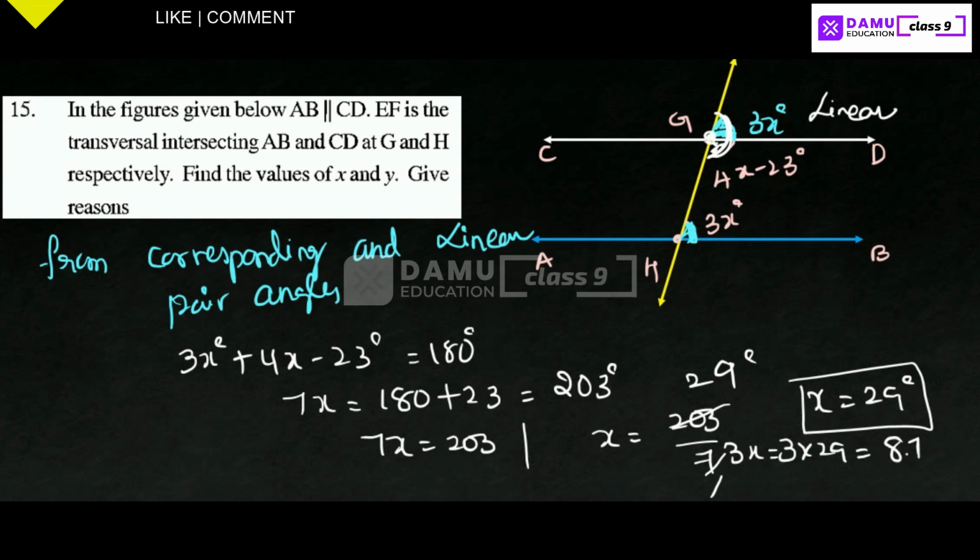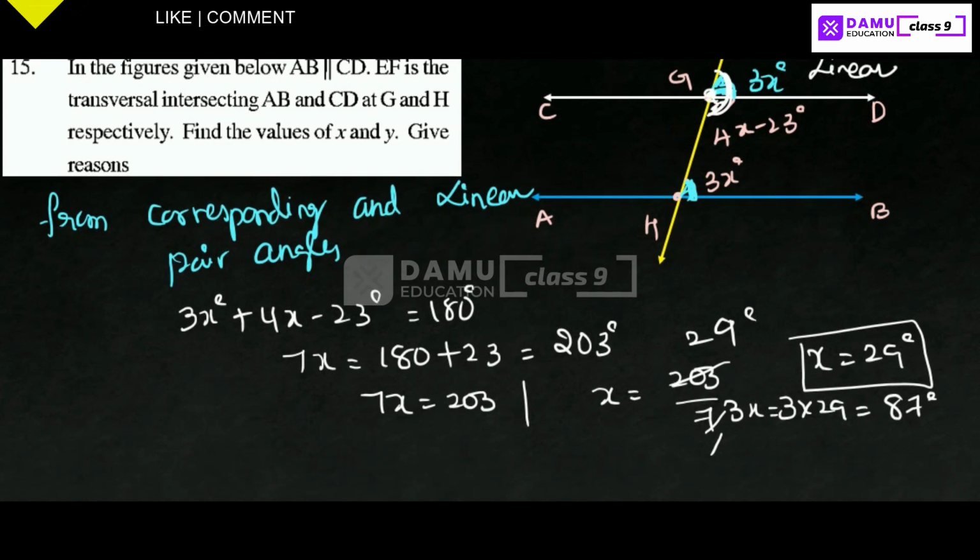This is 87 degrees. Then what is the one more angle? That is 4x minus 23. So we have calculated 3x equal to 87. Then to calculate 4x minus 23, that is 4 into 29 minus 23, 4 into 29 will be equal to 116 minus 23.